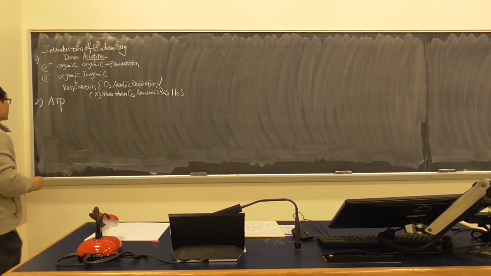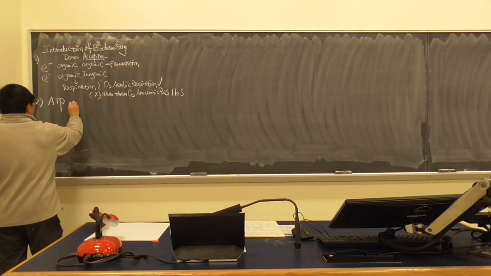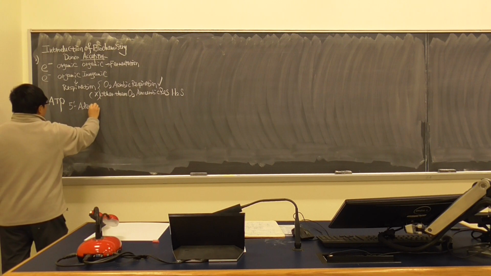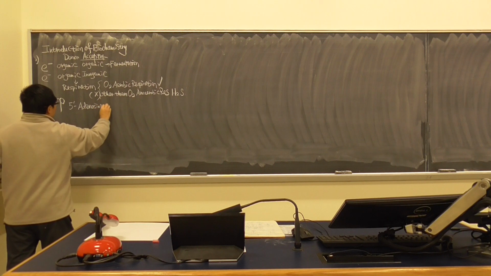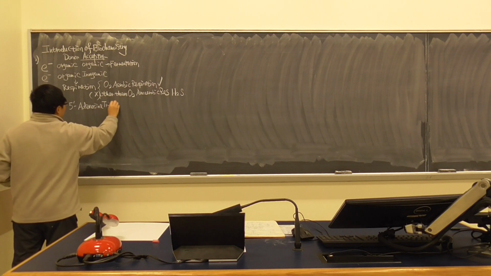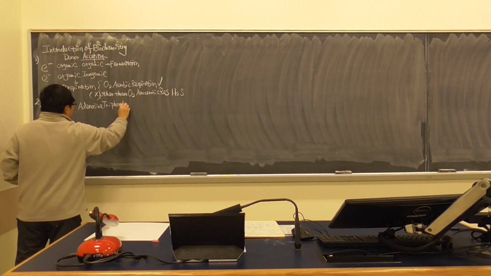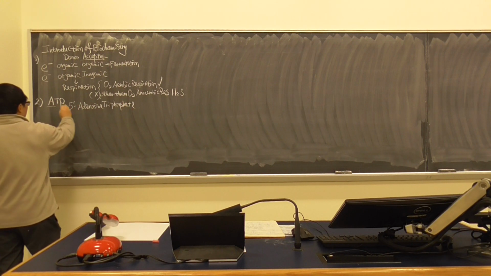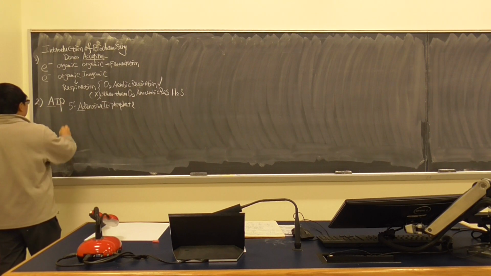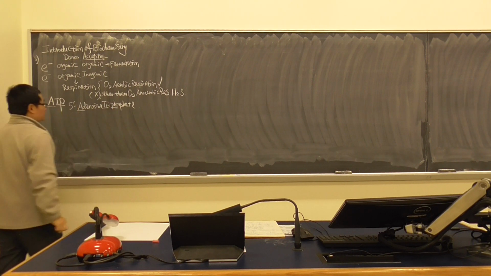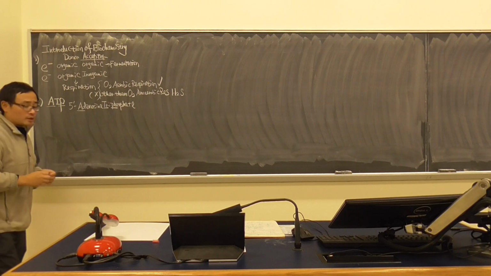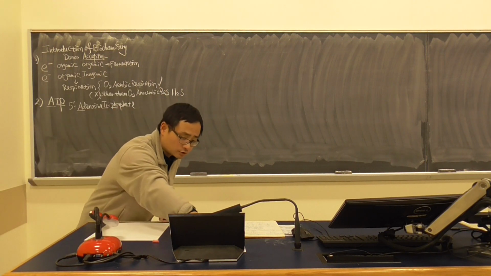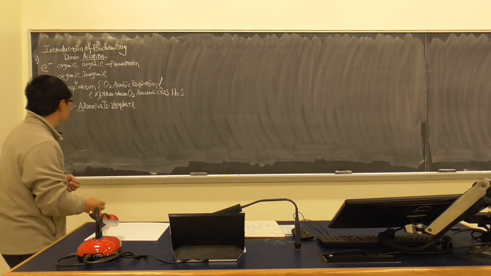ATP is called 5'-adenosine triphosphate. A is adenosine, T is tri, which means 3, and P is phosphate. This is a food chemistry class, so let's talk about this structure real quick. Okay, what it looks like.